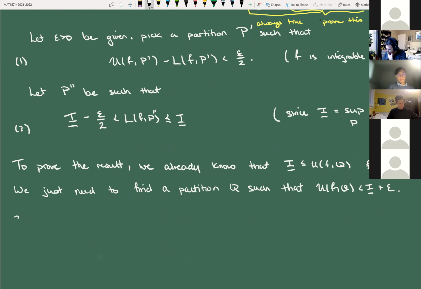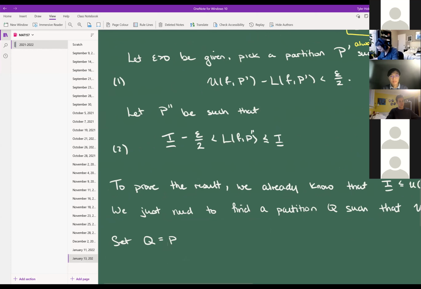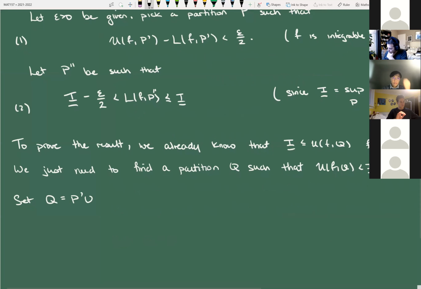So set Q. Let's let Q be P union P double prime. Now, because I've refined the partition, that guarantees to me that both equation 1 and equation 2 are still true with Q. So 1 and 2 both hold.